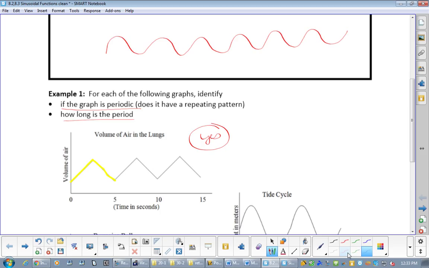Then we start all over again. If you were counting to 10, I need you to count to 10 1,000 times. What's the period? 10, because then you're going to start at 1 again. 1, 2, 3, 4, 5, 6, 7, 8, 9, 10. Then you're going to go 1, 2, 3, 4, 5, 6, 7, 8, 9, 10. When you take a certain thing and you keep repeating it, it's called a period.